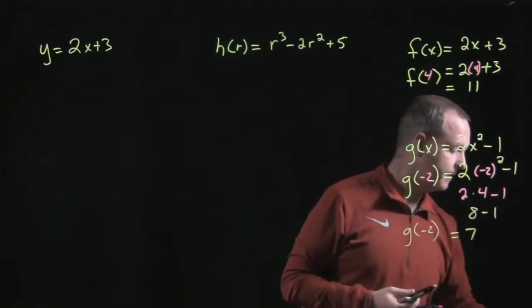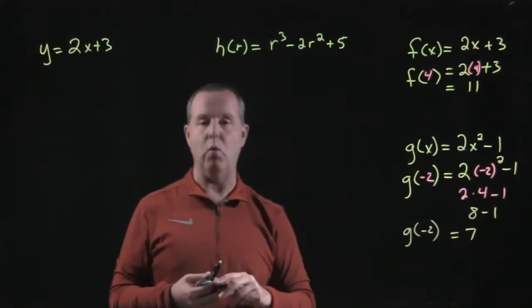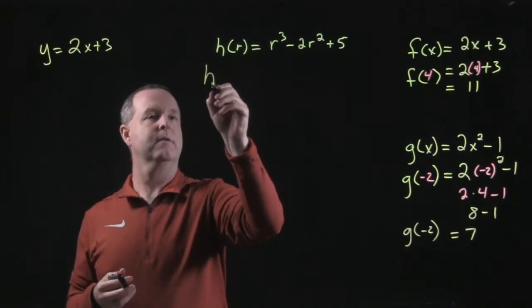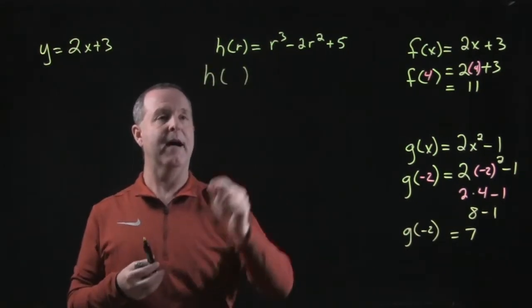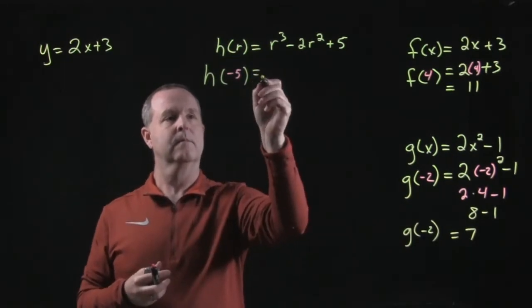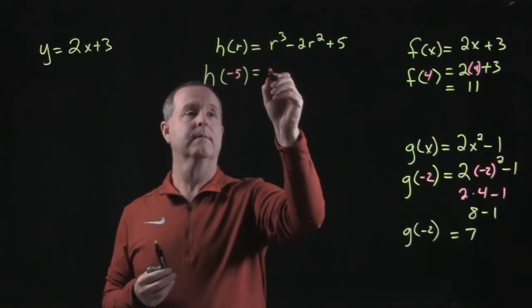h of r, I want to look at, and let's say that h of r equals negative r cubed minus 2r squared plus 5, and I want to find out what happens at negative 5. So h of negative 5. What I'll do now is put negative 5 in everywhere there's an r.